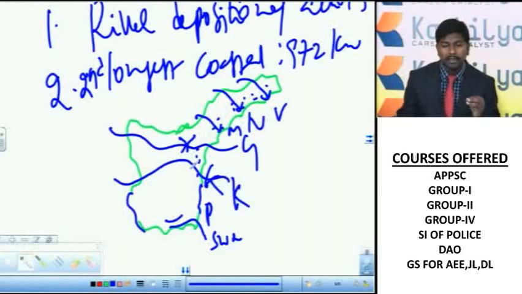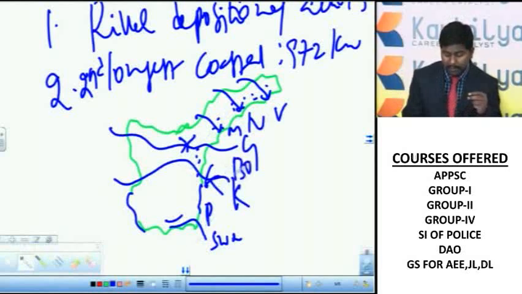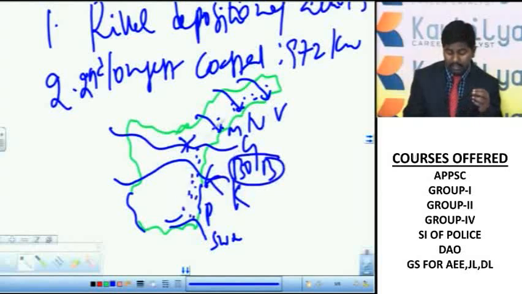River mouths means where these rivers enter the Bay of Bengal. Before these rivers enter the Bay of Bengal, they perform a lot of depositional activity and form these coastal plains.